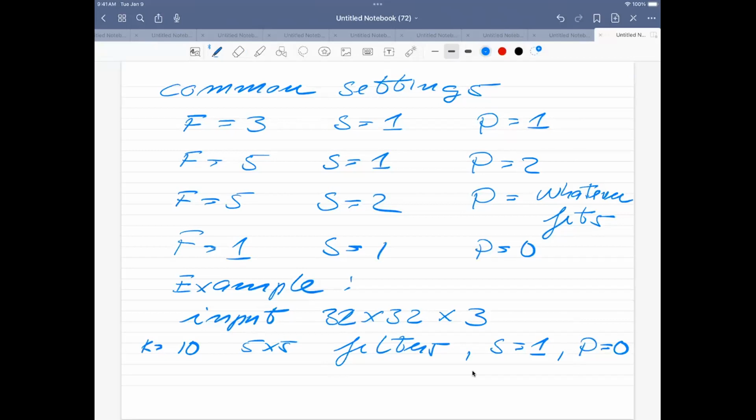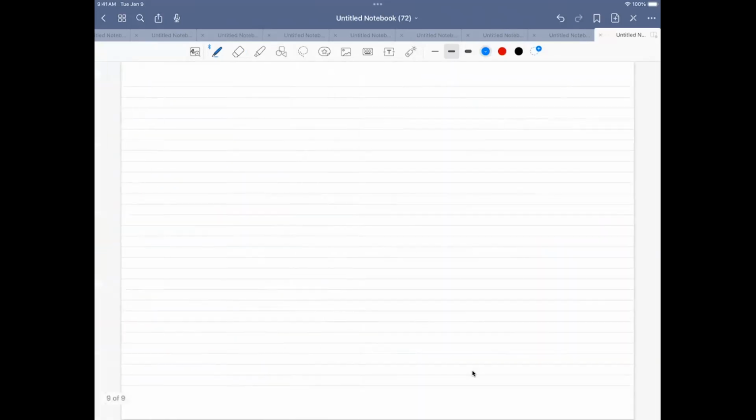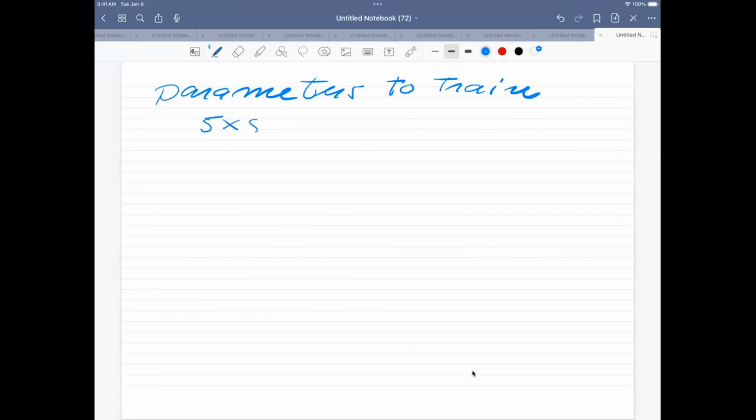But if we now look at this example, we can now count the number of parameters we need to train. If we look at the image itself, every filter has 5 times 5 weights, and we have 3 color channels, so times 3. Then each of these filters has a bias parameter, plus 1.